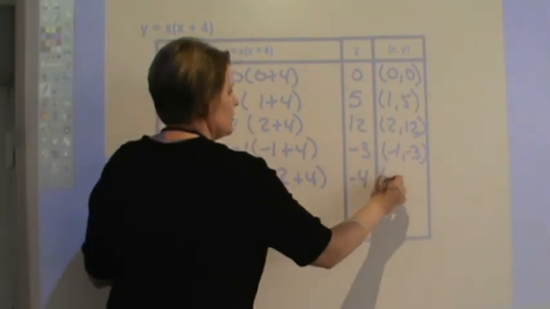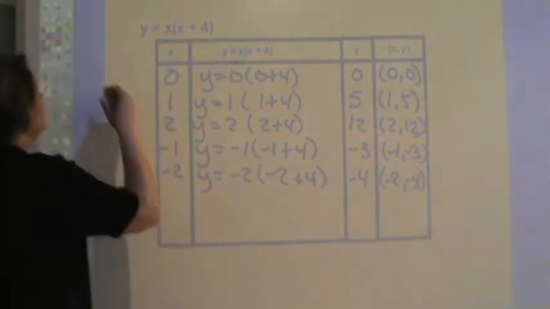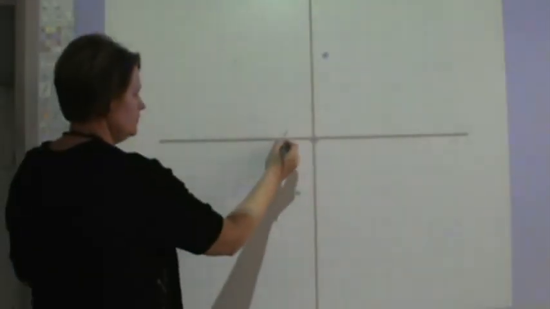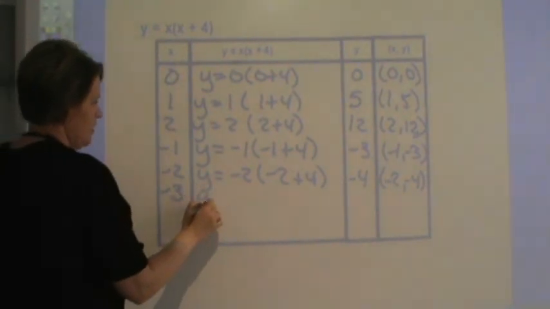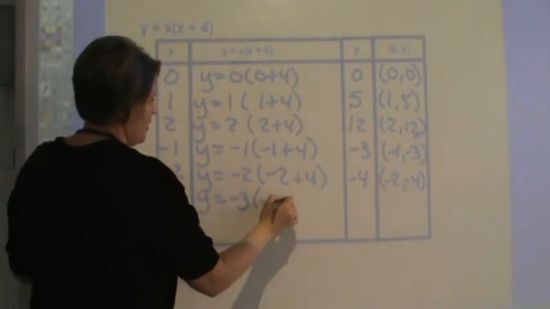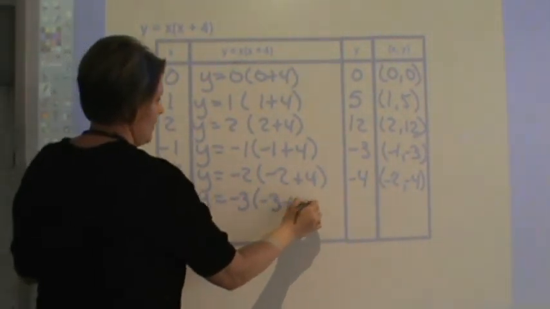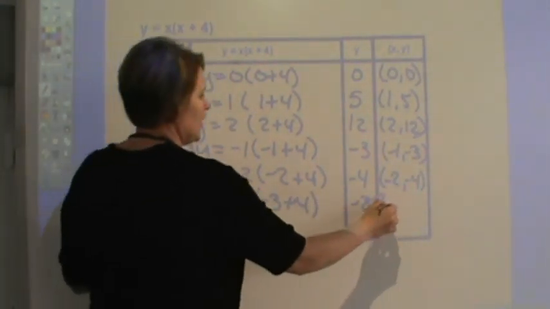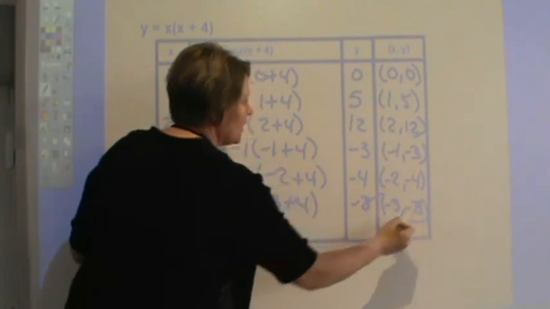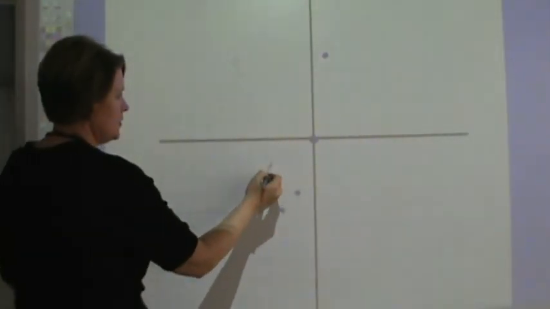So we have -2, -4. Okay. Let's try -3. That'd be 1 times -3. So -3, -3.